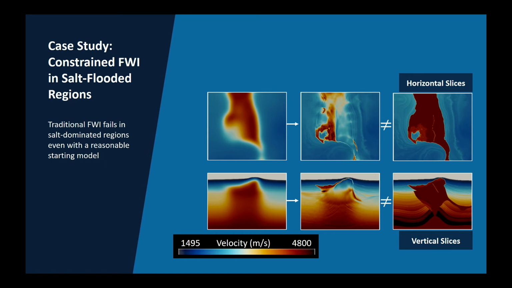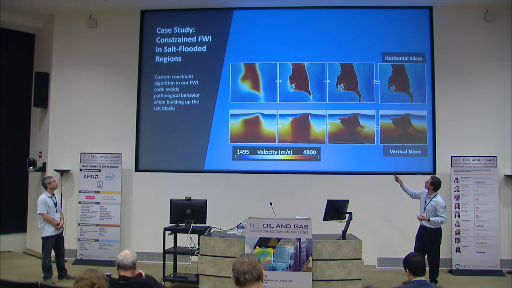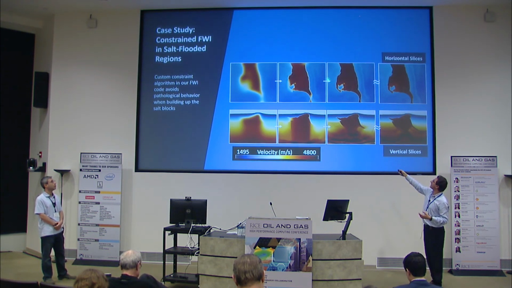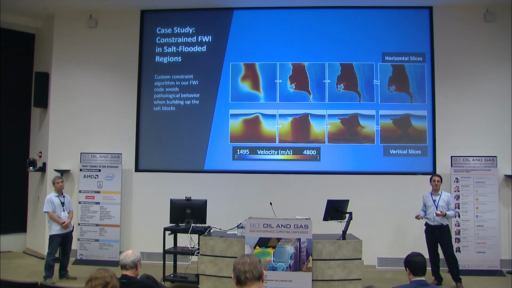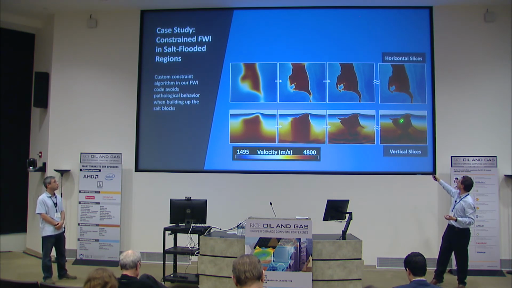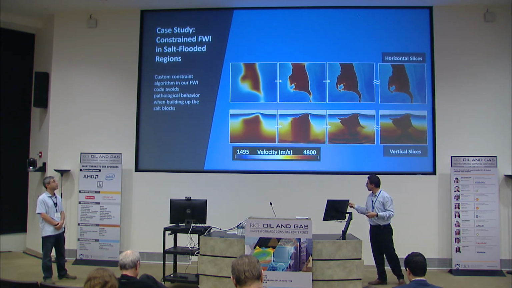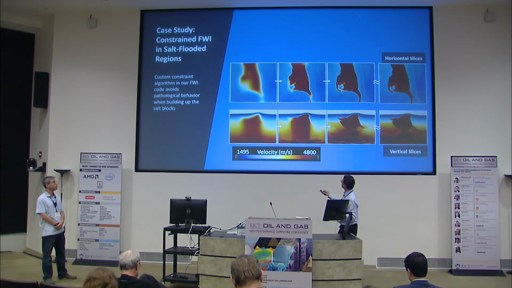Instead, by having the ability to have this iterative process, it was able to come to a much more accurate representation of reality, both in horizontal and vertical view. You can see there's a major difference between this and this very inaccurate modeling.